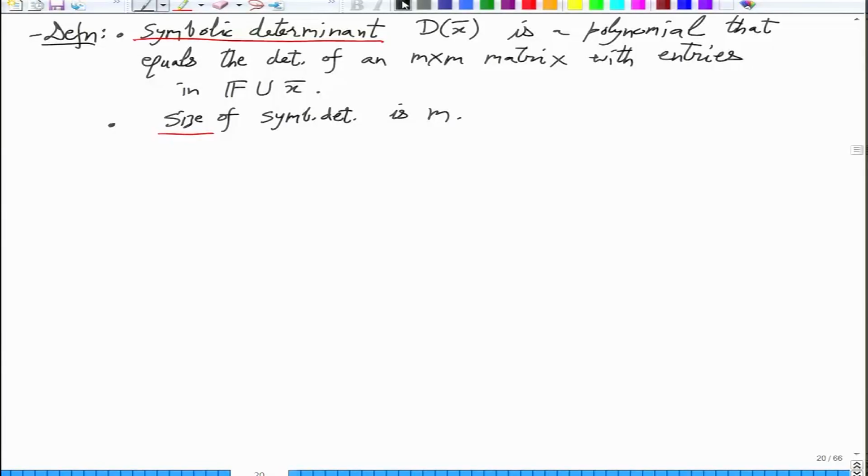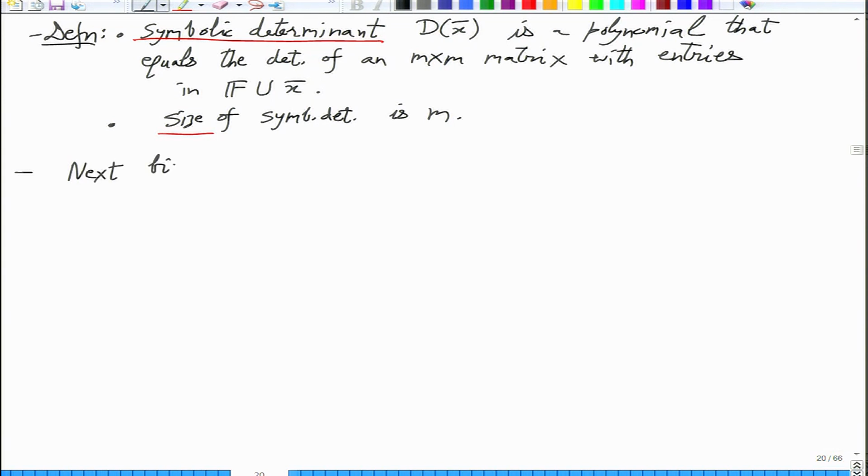Just like we have circuit complexity and ABP complexity, there is also a determinant complexity of a polynomial, and a symbolic determinant is exactly this, where the entries are literals. The connection is with this model. These two models are equivalent.